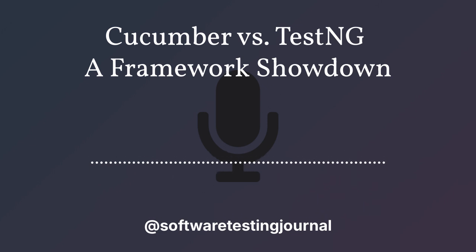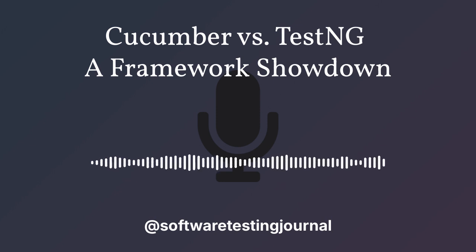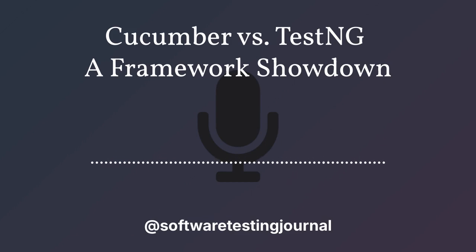Exactly. So, let's recap, shall we? TestNG, it's powerful, it's flexible, it's perfect for those complex testing scenarios where you need granular control. And it's built for Java, so if that's your language, it just makes sense. Right. Cucumber, on the other hand, it's all about collaboration, readability, that shared understanding between everyone on the team.